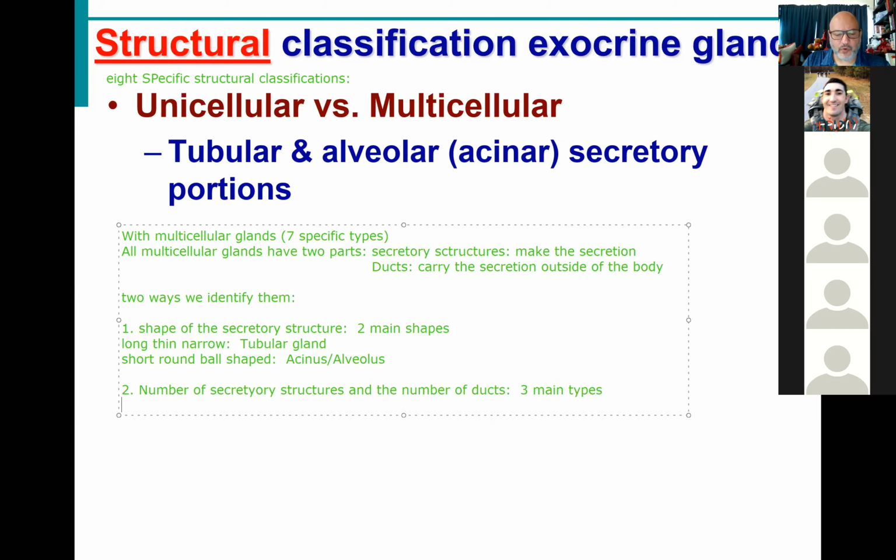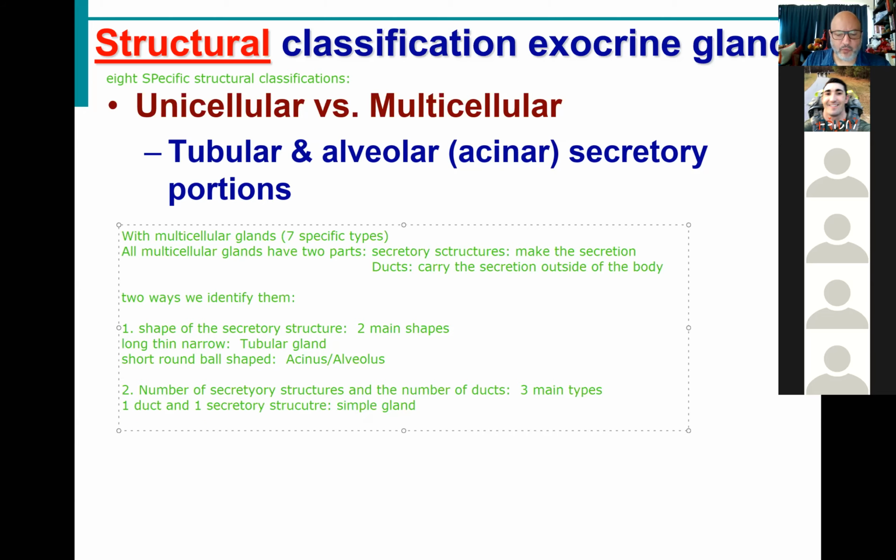You can have one duct and one secretory structure. And if you do that, you are a simple gland. You can have one duct and two or more secretory structures. And you are a branched gland.